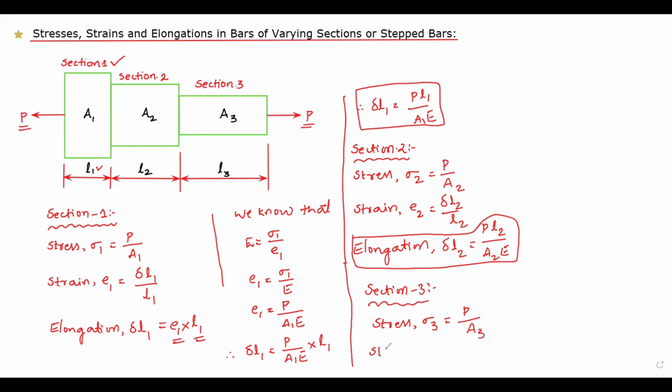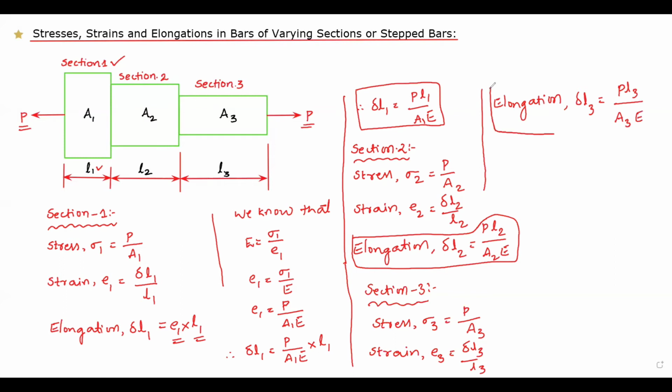Now strain, that is epsilon 3, is equal to delta L3 by L3, and elongation, which is denoted by delta L3, is equal to P L3 by A3 into Young's modulus, that is capital E.